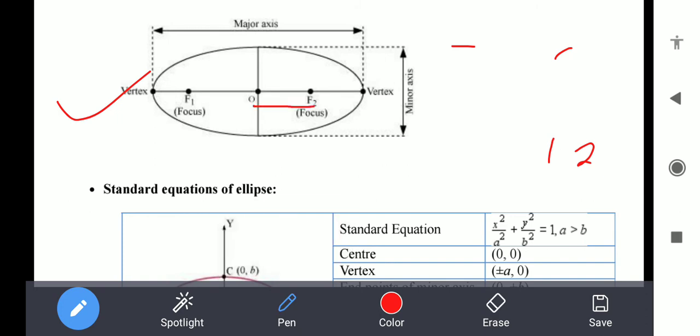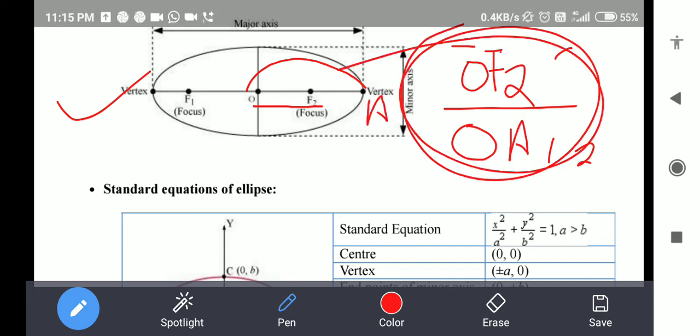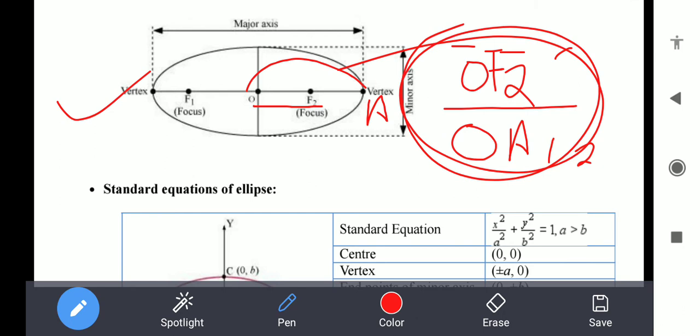The ratio of the distance from the center to one fixed point, to the distance from the center to one vertex, is called the eccentricity of the ellipse.